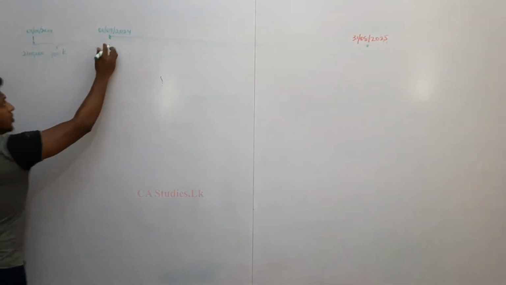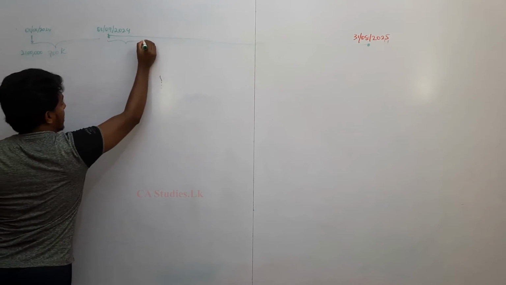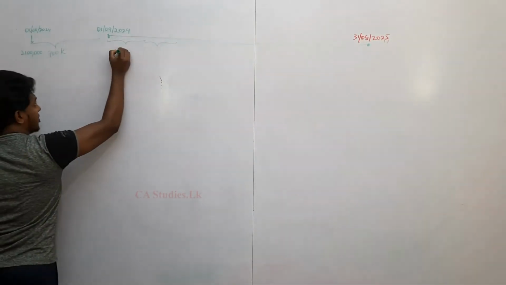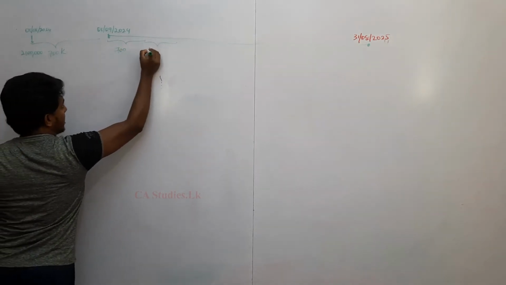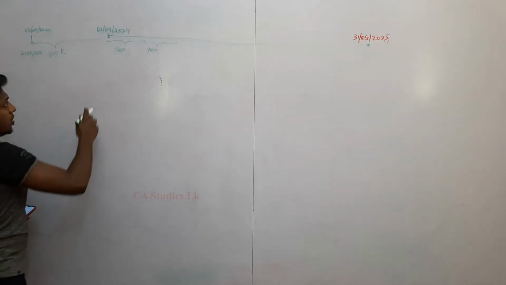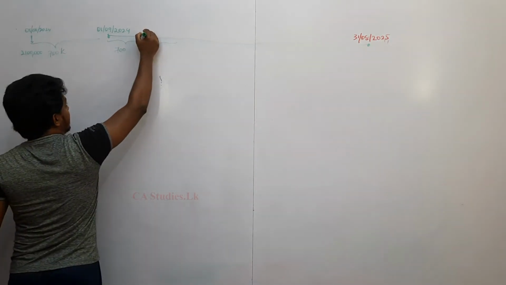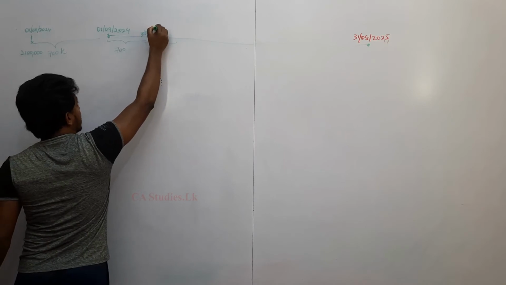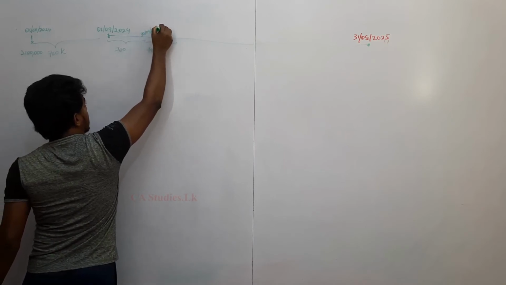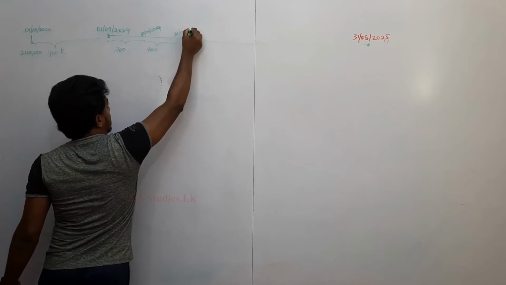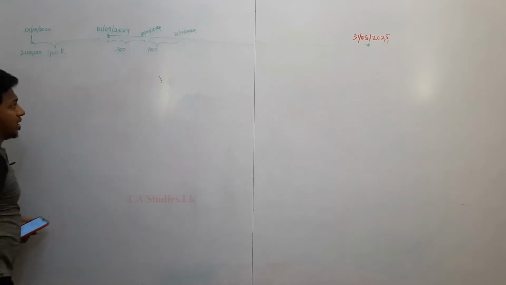For September and October the rent cost is also 700,000 each. This is how we have to split. So this date is 30th September. This date is 31st October. Up to 31st October we have charged, right?